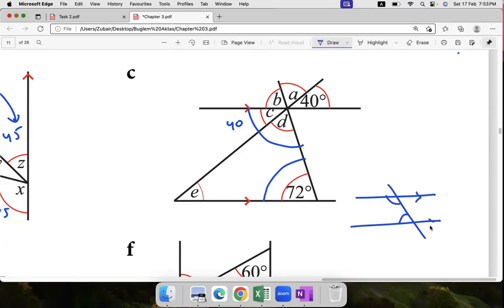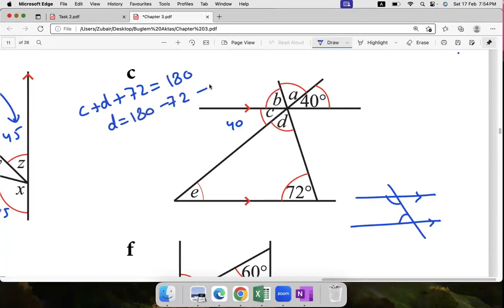That means they are supplementary. They are called interior angles between parallel lines. So what we can write is C plus D plus 72 equals 180. We already know what C is. So D equals 180 minus 72 minus 40, and we're left with 68.